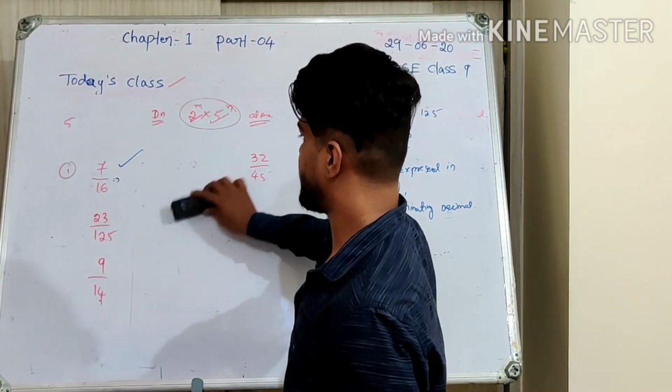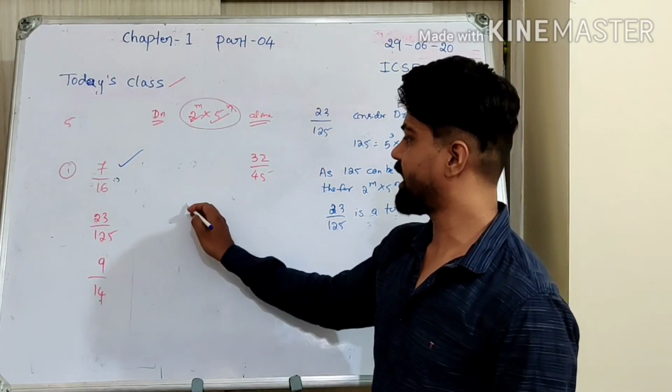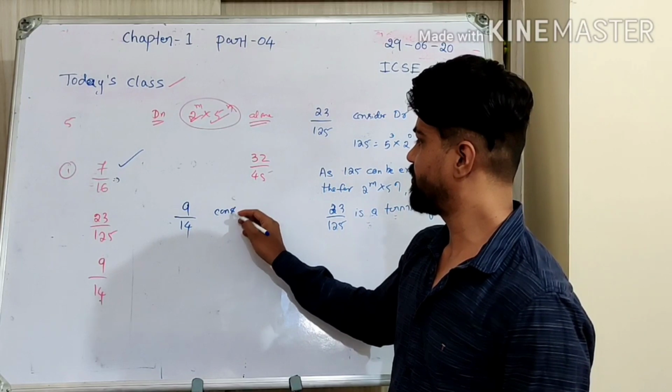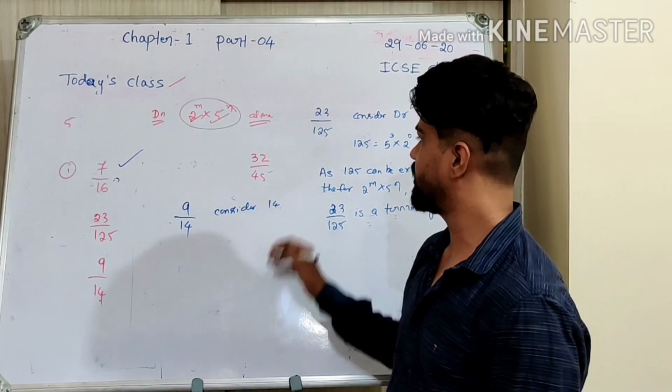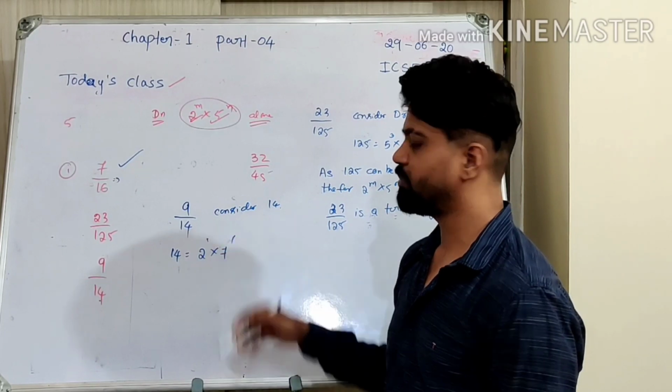Okay, so I have 9 by 14 now. So can anyone guess what is it? 9 by 14, can it be terminating decimal? Okay, consider 14. So 14 can be expressed as 2 power 1 into 7 power 1.